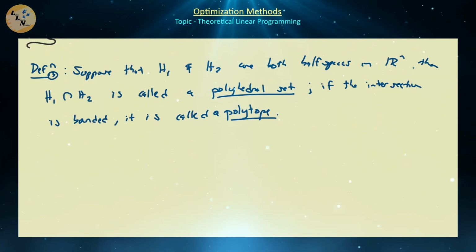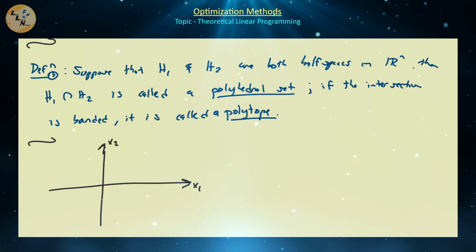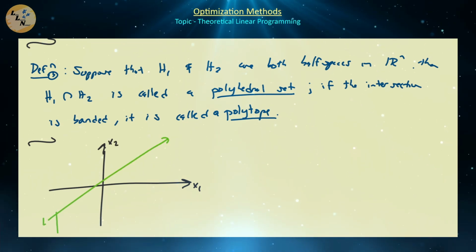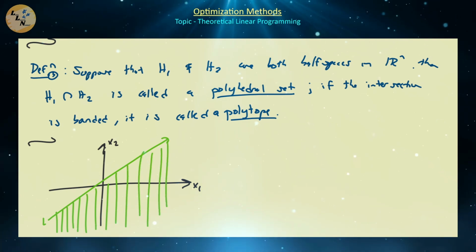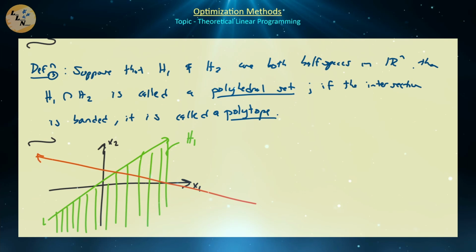So let's get a two-dimensional sense of what's going on here. Let's assume we have our 2D space characterized by x1 and x2. Let's assume we have this half space here. All right, so let's choose this space here. So this is going to be H1. Let's choose another half space. It doesn't have to be similar in geometry, but it has to be a half space in some sense.